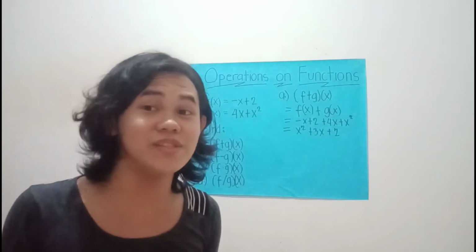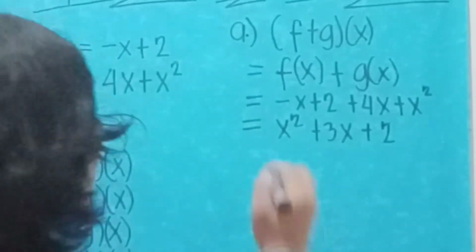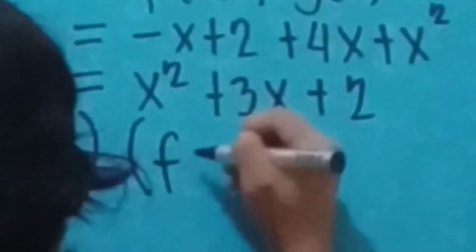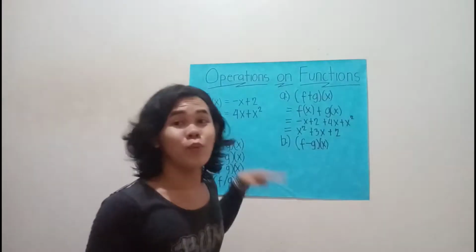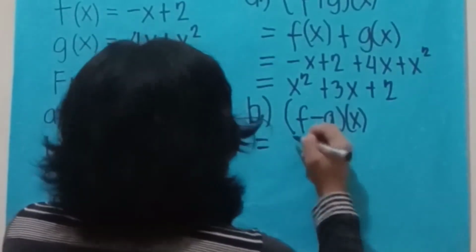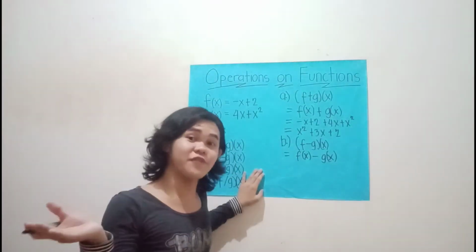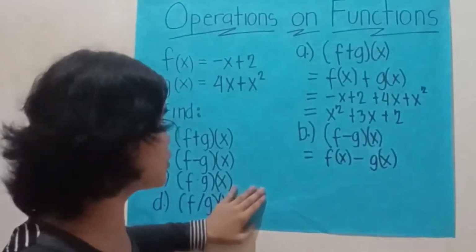Now we are going to solve for letter B. The quantity f minus g of x is equal to f of x minus g of x. So again, the first thing we are going to do is substitute.